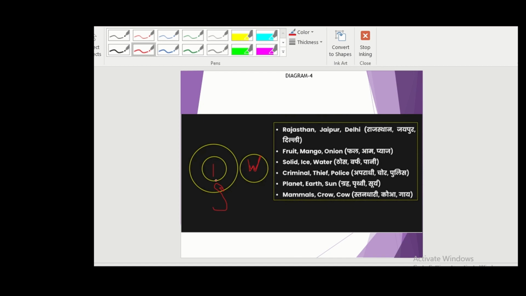So ice is a part of solid and water is a part of liquid. Okay, all right. And there are fruits, mango and onion. Onion is a vegetable. Onion is not a fruit. Mango is a part of fruit. And onion, they are different.